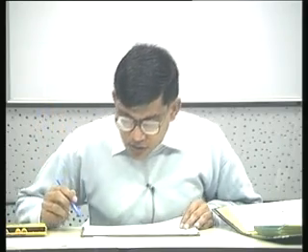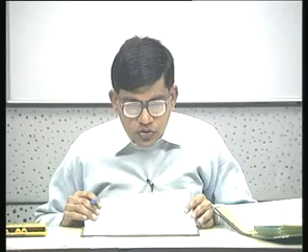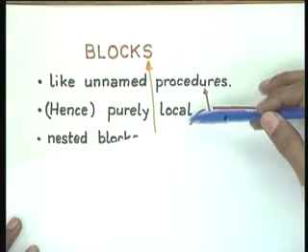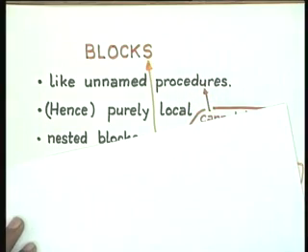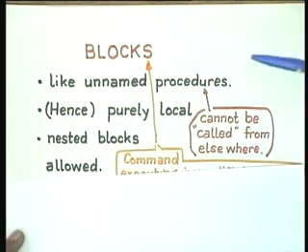Yeah. So this is really like an unnamed procedure, and therefore the declarations are purely local to the scope within which they occur, and they cannot be called from elsewhere. You can nest blocks in this fashion, because a block is just a command; the braces act like a begin and an end, and so these blocks are really like Algol 60 blocks.